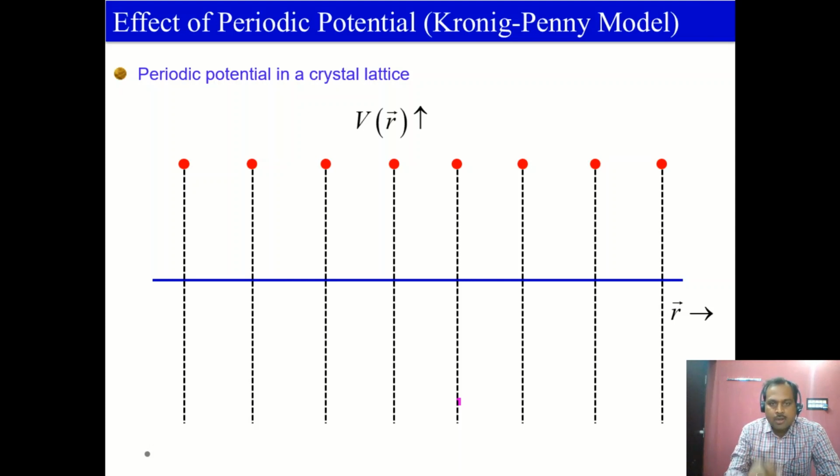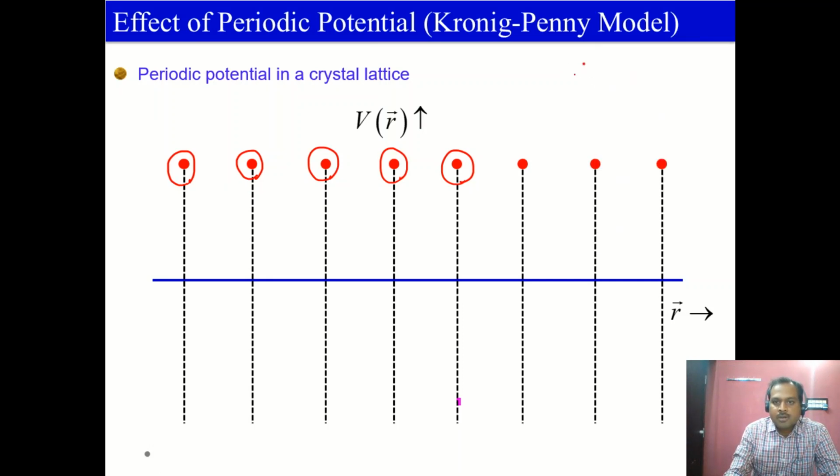Now let us look at a little more realistic model and let us look into the strength of the potential, because that is the actual case. In a one-dimensional lattice, we have nuclei which are periodically arranged, and each of these nuclei exerts a certain potential. Suppose this is the nucleus.